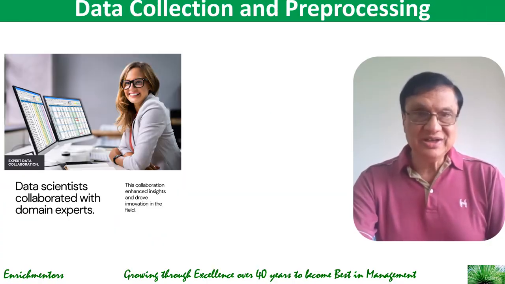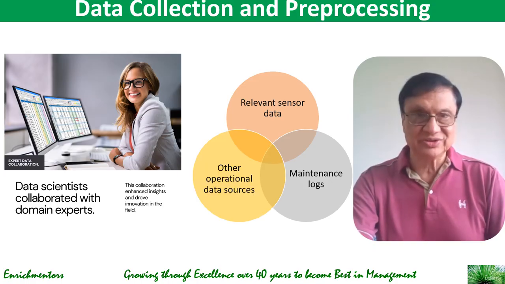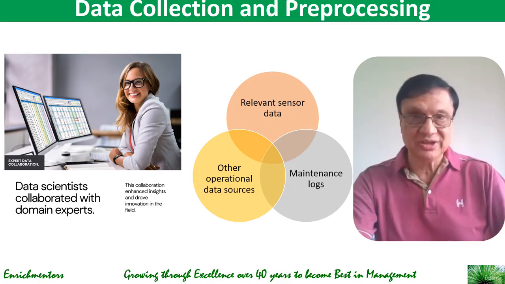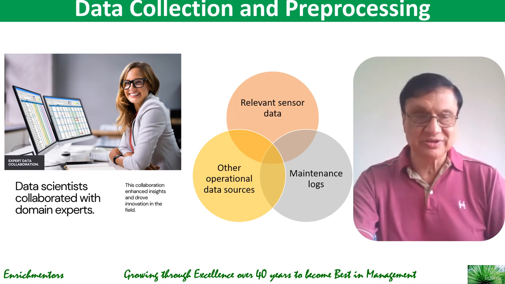Then the data scientists worked with the domain experts to identify relevant sensor data, maintenance logs, and other operational data sources. So they collected the data using these sources, and that was the work done by the data scientists in collaboration with the domain experts.